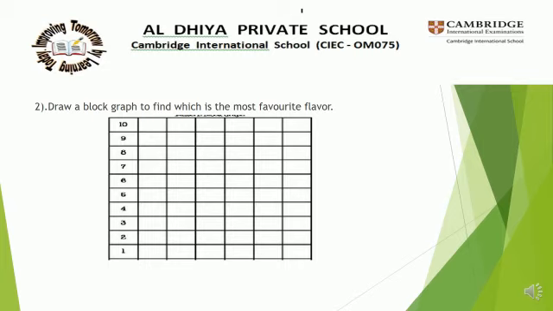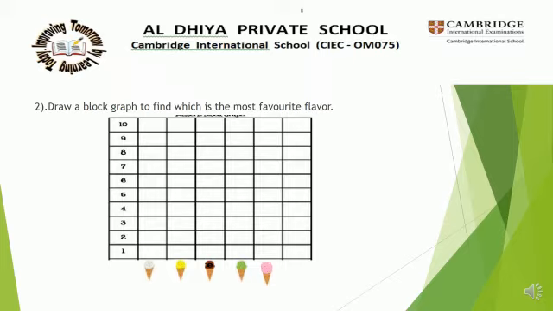What is the first flavor? Vanilla. See, here I have drawn the cones, 5 different cones. Vanilla, the yellow is lemon, and the brown is chocolate, and green is mint, and the pink is strawberry flavor. Okay, students. Now, we are going to color the blocks using different colors.